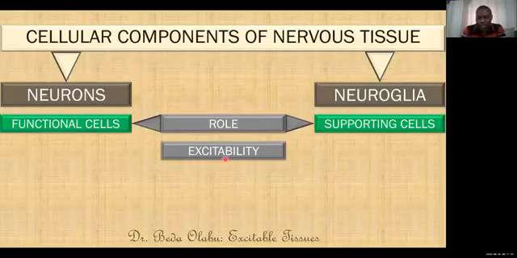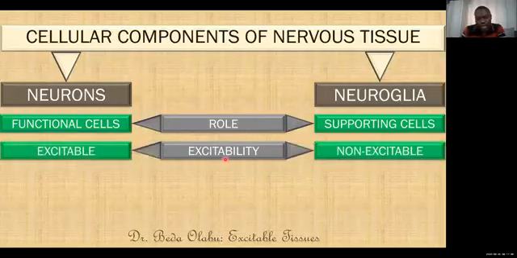On this note, the neurons are the only ones that can do that. The neuroglial cells cannot generate electrical impulses. In as much as they are part of the nervous tissue, they cannot generate electrical impulses.